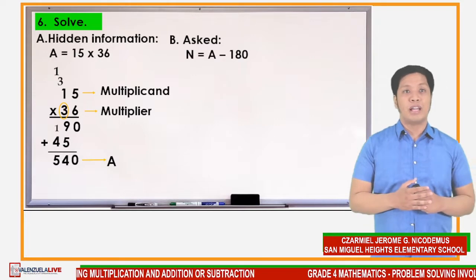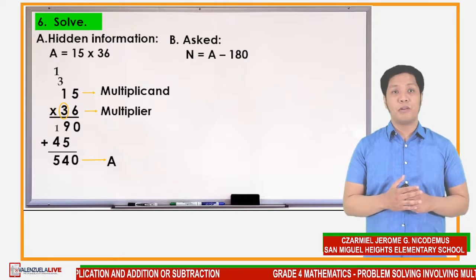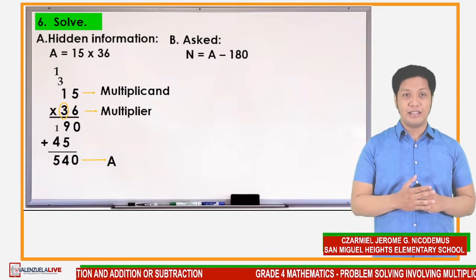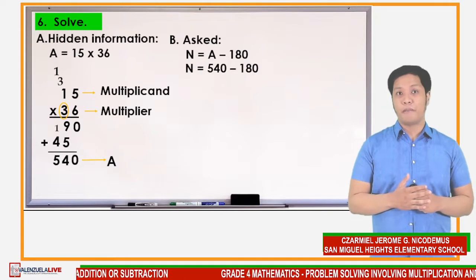Now, for our second operation, we need to find out N equals A minus 180. As we all know, A is equal to 540.